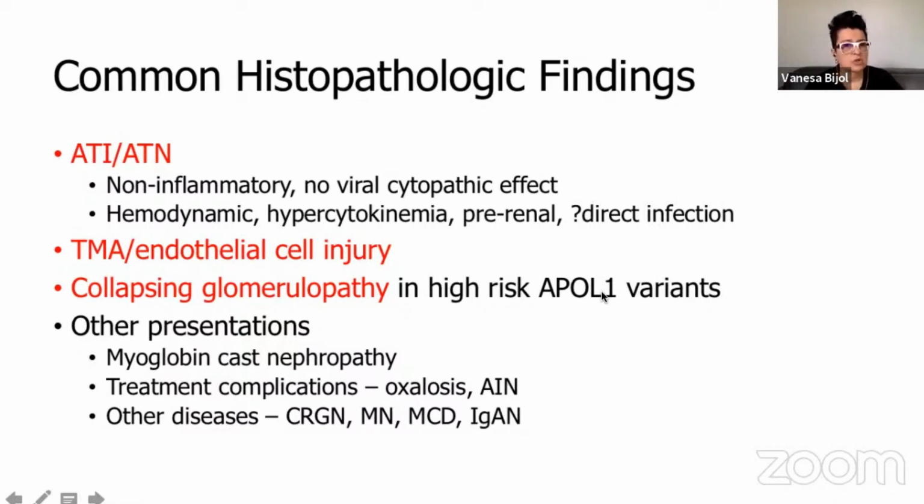But we've seen also significant endothelial cell injury, even with TMA. Collapsing glomerulopathy has been described as the most common glomerular lesion in COVID-19, and we'll talk about that a little bit as well. But there are other presentations which I will briefly mention at the end.